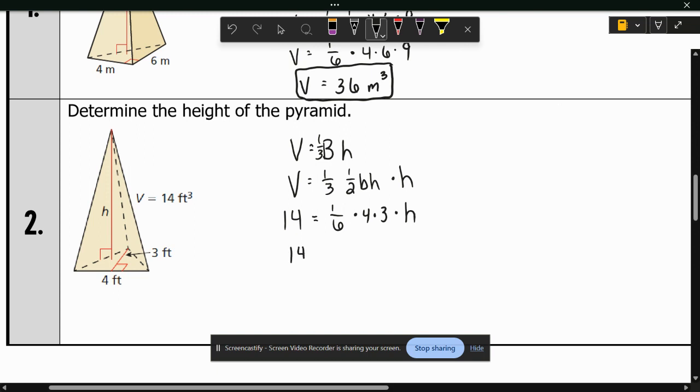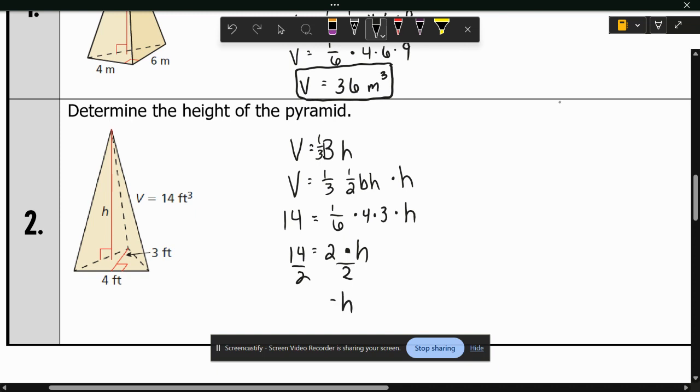So 14 is equal to 1/6 times 4 times 3. So 4 times 3 is 12. 12 times 1/6 is going to give us 2 times our height. So we're going to go ahead and we're going to divide that by 2.